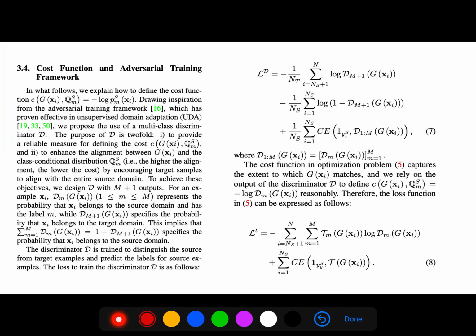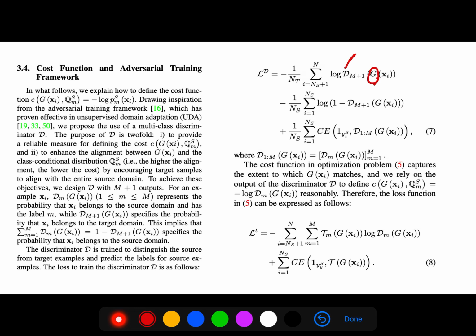Now we explain how to define the cost function, drawing inspiration from adversarial training. The discriminator D is trained to distinguish source from target, just like a GAN, and to predict the labels for source.